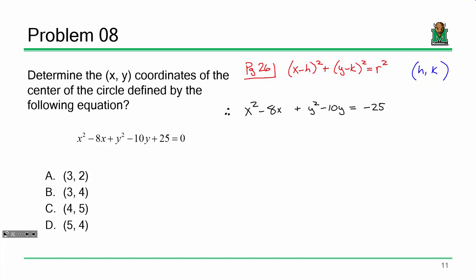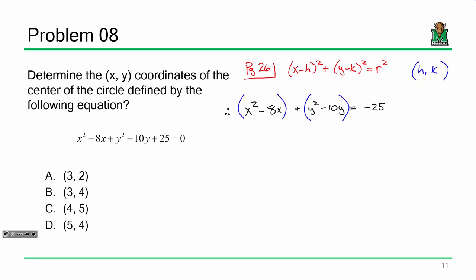All right, now what I'm going to do is group those together. And I'm going to perform a procedure called completing the square. You all done that before? Been a while, right? So how do you complete the square?